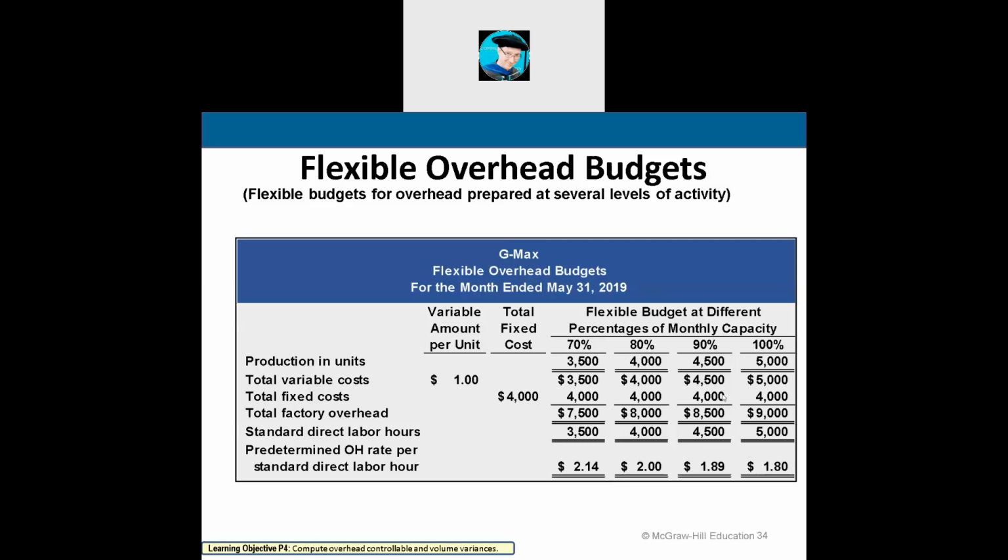That gives us the total variable costs plus fixed costs, which gets us total factory overhead, divided by the activity base, which is labor hours in this example, to give us the predetermined overhead rate.